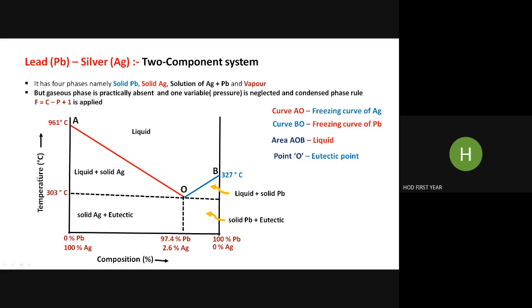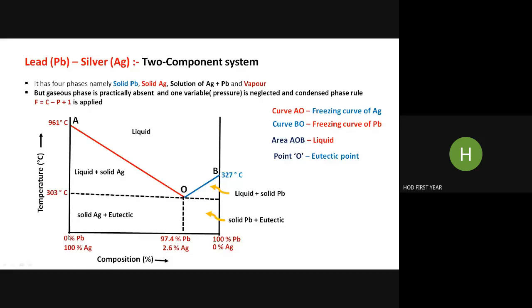That is what is called a reduced system or condensed system, with the help of the rule F is equal to C minus P plus 1. Then draw this neat labelled diagram. The important point is first the parameters, very important: temperature versus composition. Then curve AO, the temperature condition, and curve DO, with the melting point and this 303.